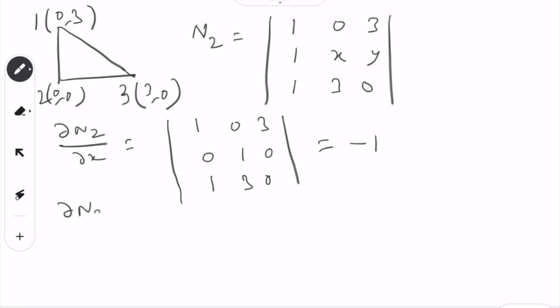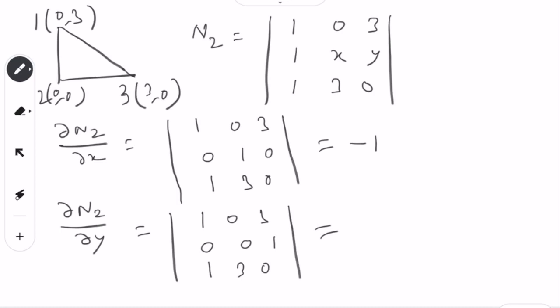Del n2 over del y is equal to 1 0 3, 0 0 1, 1 3 0. Again take this one, so 0 1 0 minus 3, so we get minus 3 here, second is 0, then we have 3 0 minus 0, so minus 3 only. Okay.